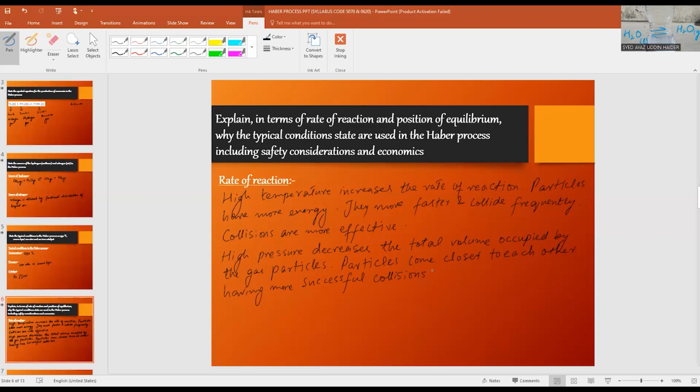Therefore, the rate of reaction increases. Catalyst increases the rate of reaction by decreasing the activation energy of the reactant molecules.